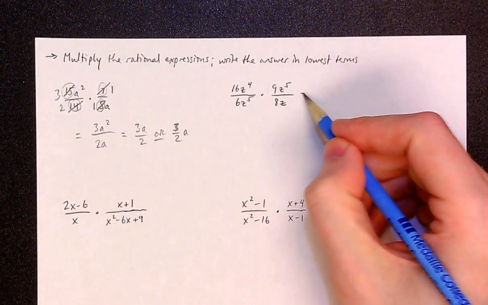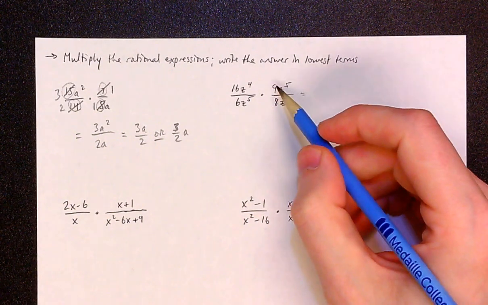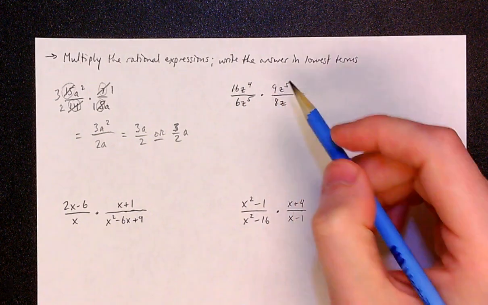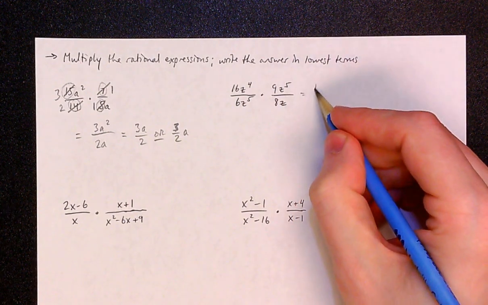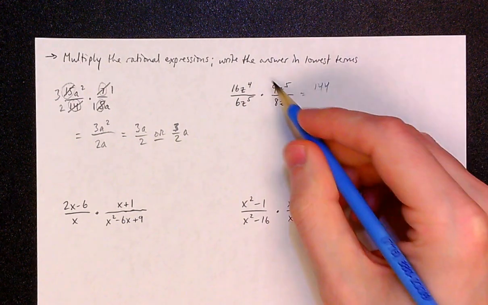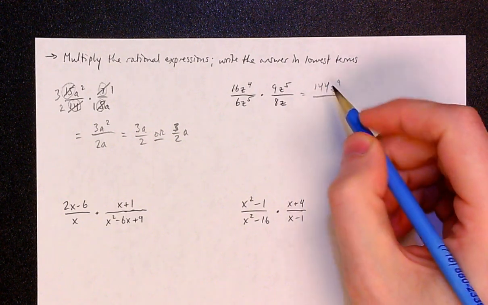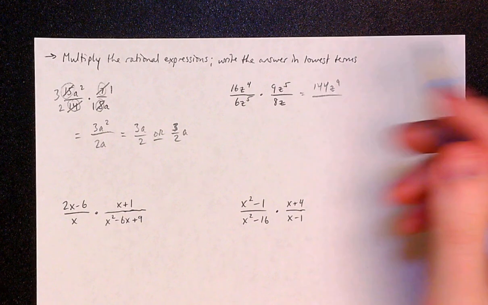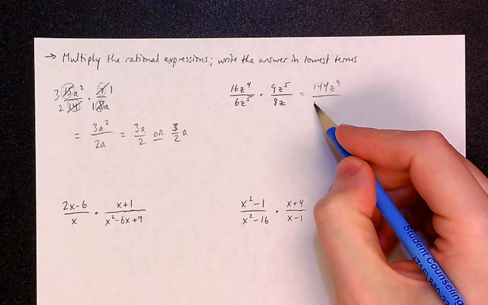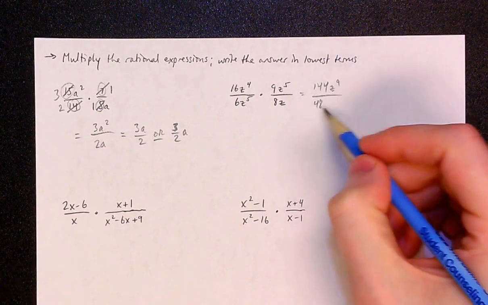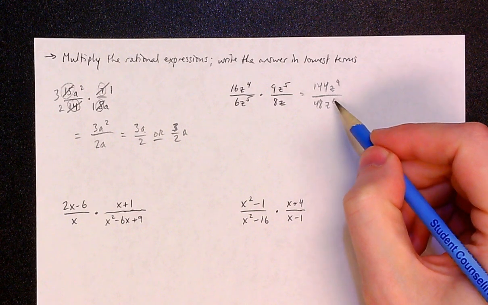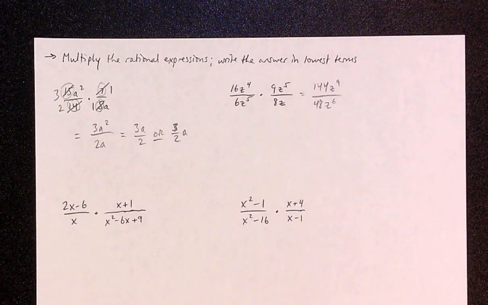So here, if I just multiply the tops, I get 16 times 9, which is 144. And then z to the 4th times z to the 5th is z to the 9th, all divided by 6 times 8 is 48, and now z to the 5th times z is z to the 6th.